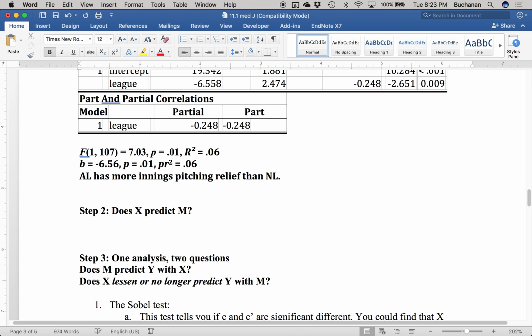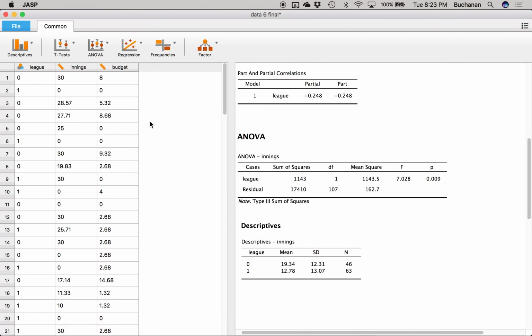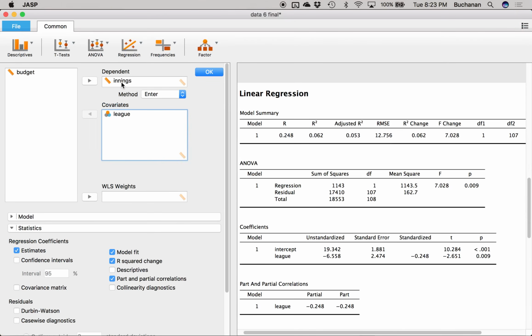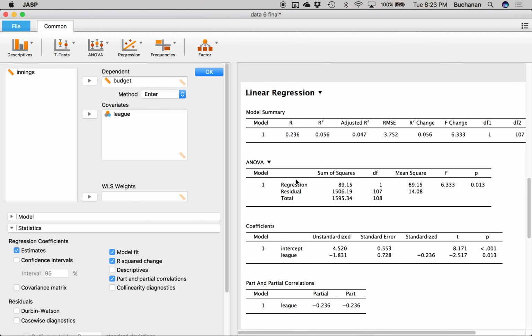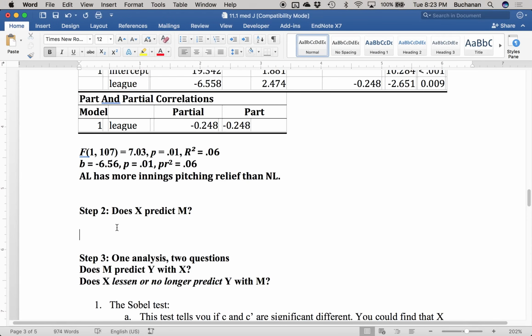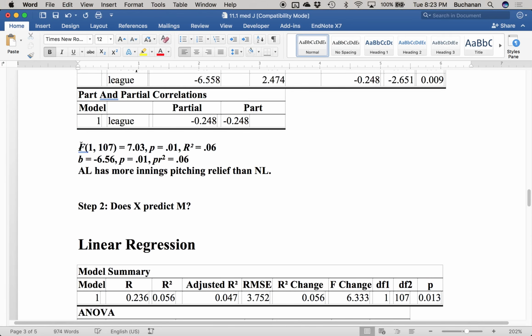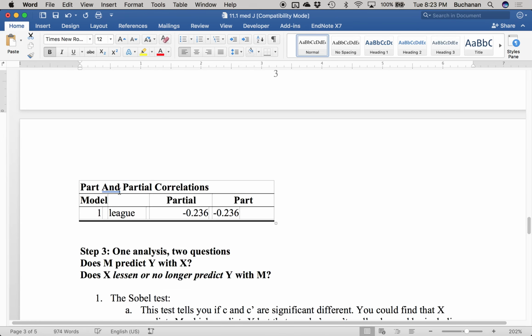Let's look now at X predicting M. To do that, we just run another regression and switch out our dependent variables, so X now predicts M. I'm going to copy this just so I don't have to reinvent the APA wheel.